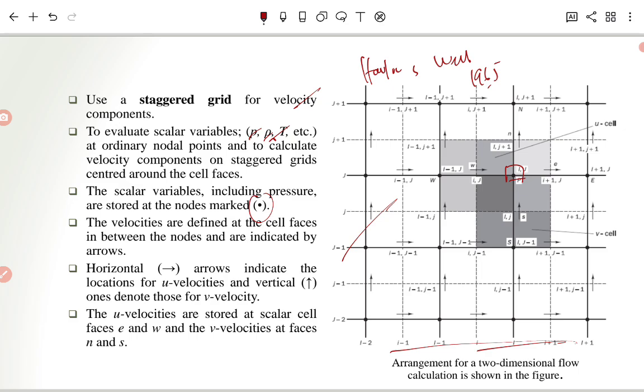This one is the velocity in the x direction, denoted by u, and this one is the v velocity, which is the velocity in the vertical direction. The u velocity is stored here and here, and the v velocity is stored here and here, for this nodal point.